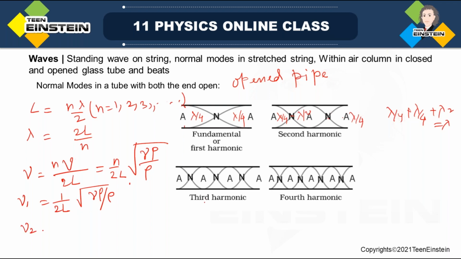Now n equal to 2 means this will be 2 nu 1, and n equal to 3 will give you 3 nu 1. So these are integral multiples of the fundamental frequency. All higher harmonics, 1 is the fundamental, then 2, 3, 4, 5, you will get all. That's why you'll get all the harmonics in open pipe.